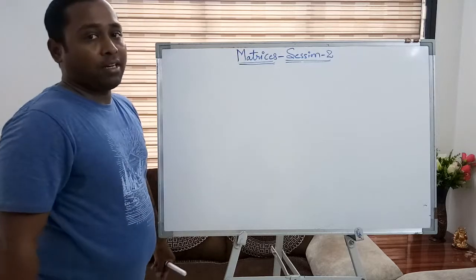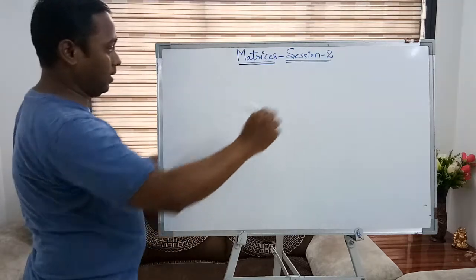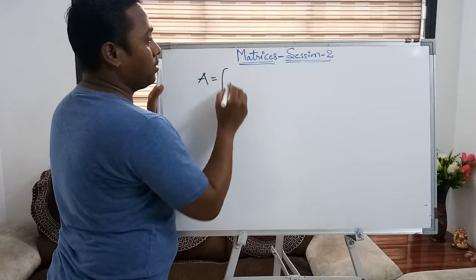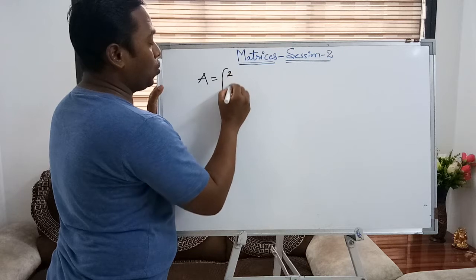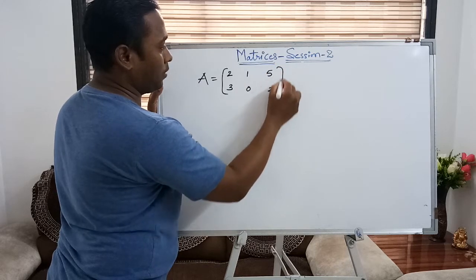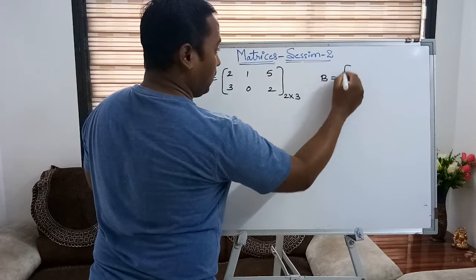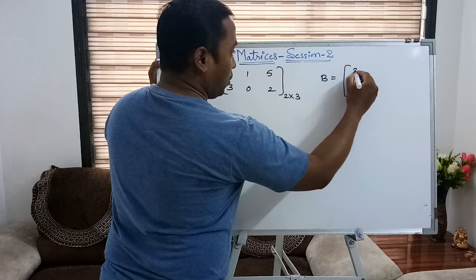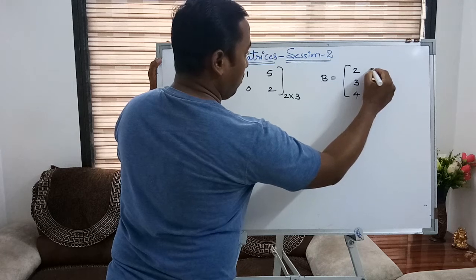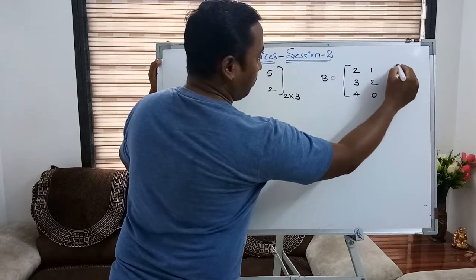If this concept is clear to you, it means you will not have any kind of problems in the matrices chapter. Let's see. First I am taking one example. A is a matrix whose order is 2 by 3. 2 by 3 means 2 rows and 3 columns, sorry, a 2 by 3 matrix here. And the second matrix I am taking here: 2, 3, 4, 1, 2, 0, 0, 1, 1.